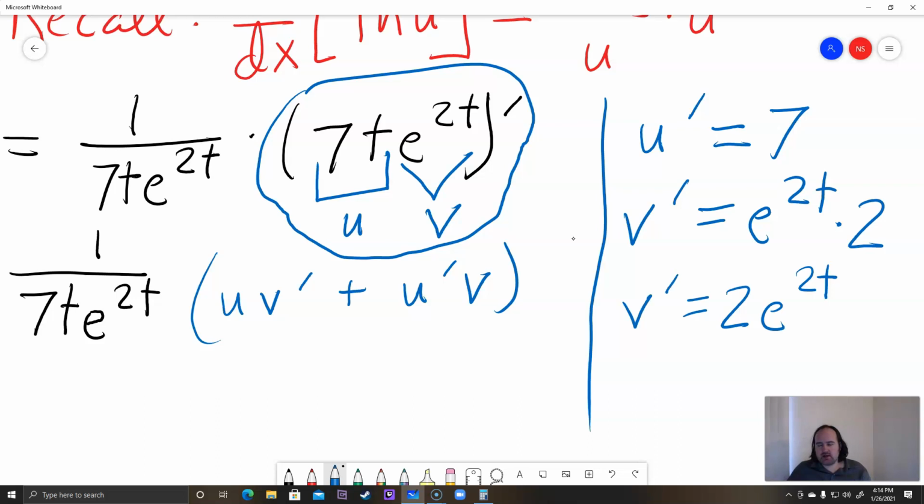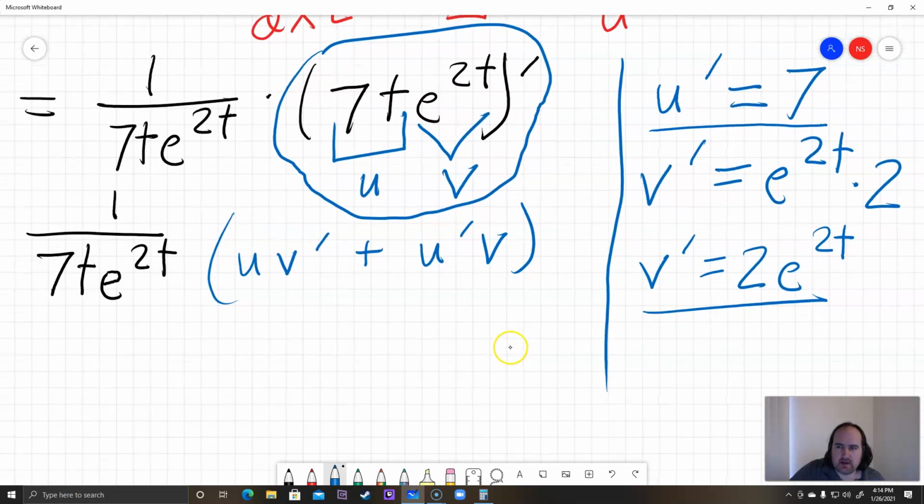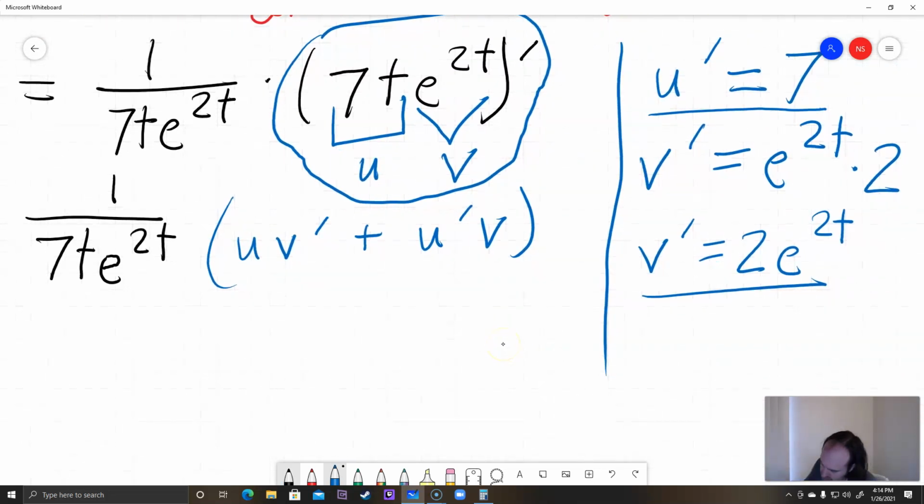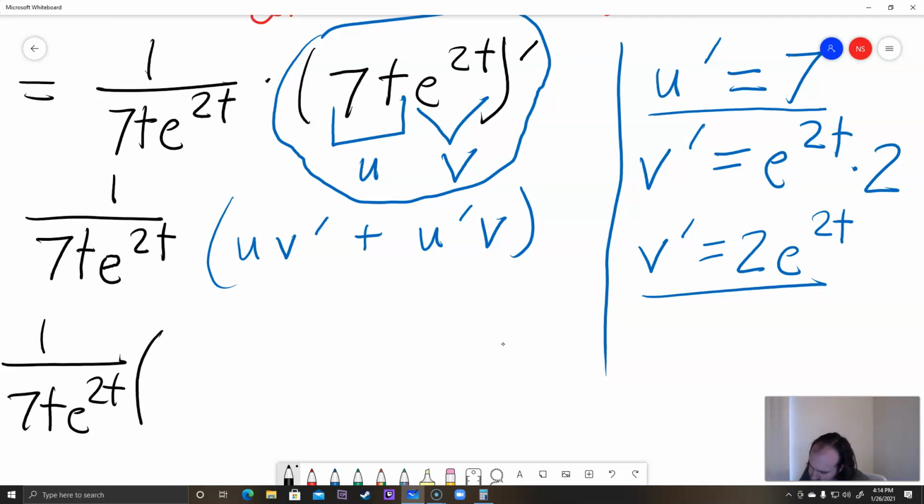Okay? So now we've done all that. Now we can plug in u, v, u prime, and v prime. Okay, so let's do that all down here. So we've got 1 over 7t e to the 2t times uv prime. So that's going to be 7t times 2e to the 2t plus u prime v.